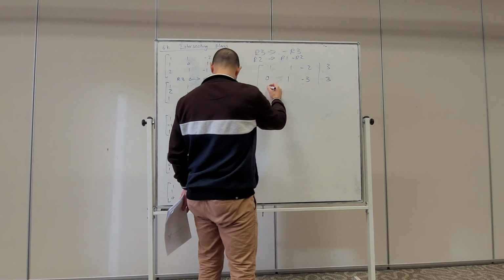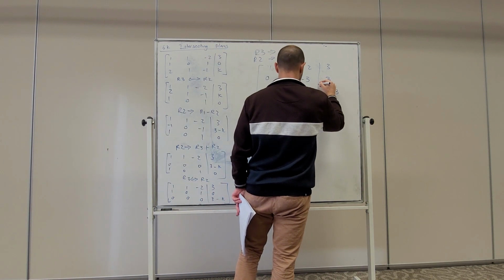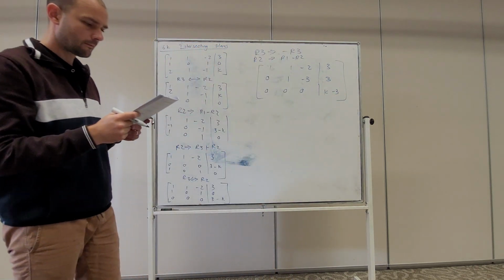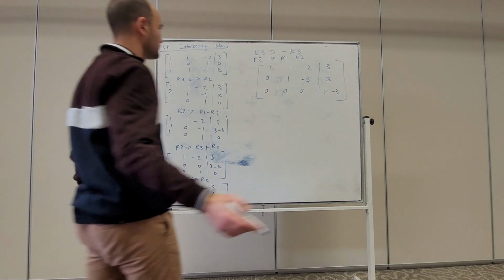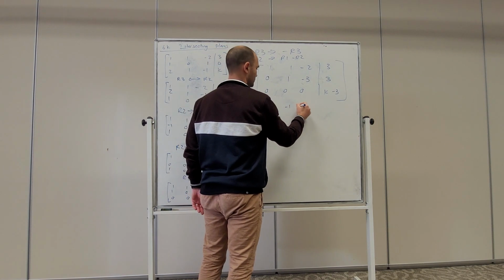And then this last row we've multiplied by minus 1, which gives us k take 3 instead: 0, 0, minus 1 and 3. Okay, one more thing to do. Multiply row 2 by minus 1.